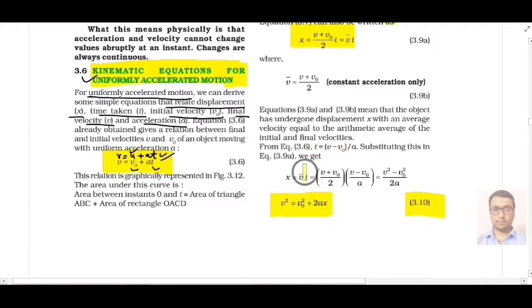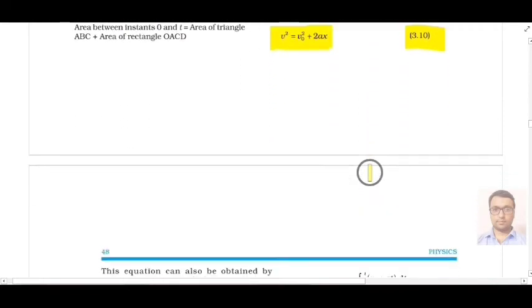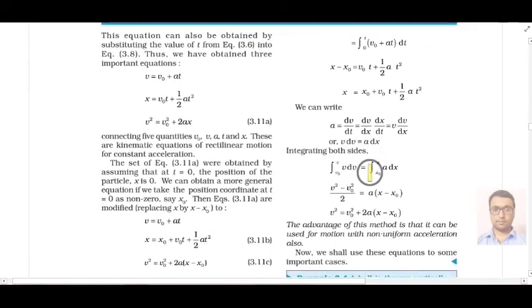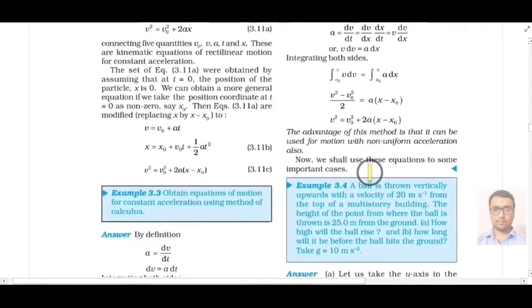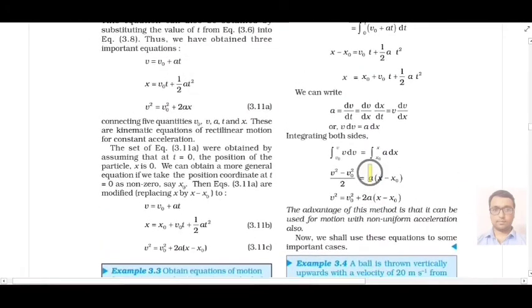All these equations we have done with the help of graph. Now we will prove all these three equations with the help of calculus. On the next page you can see that all three proofs are mentioned again, but this time they are proved with the help of calculus, meaning using integration and differentiation formulas.